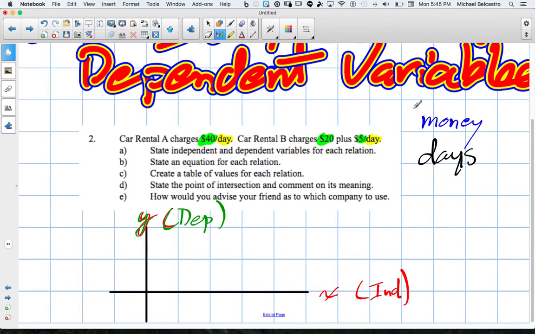I'm going to say two sentences and you tell me which makes more sense. The amount of days I rent a car affects the amount of money I pay.